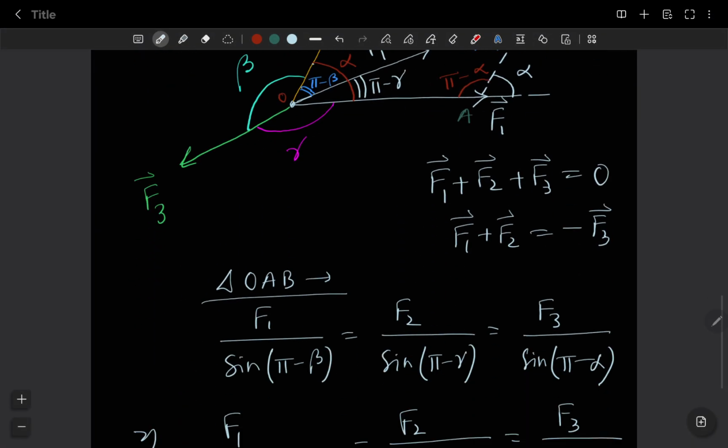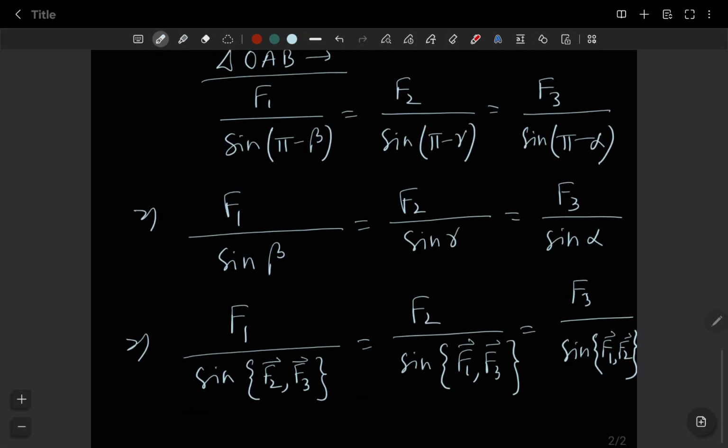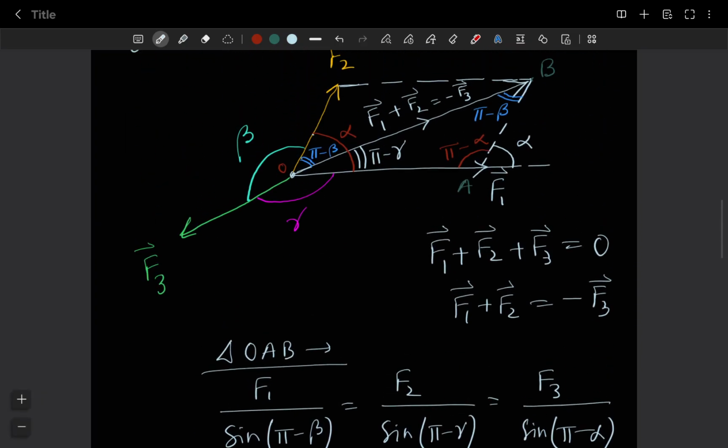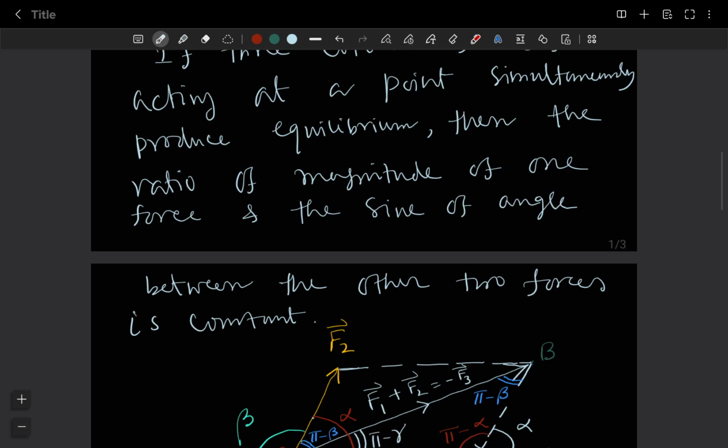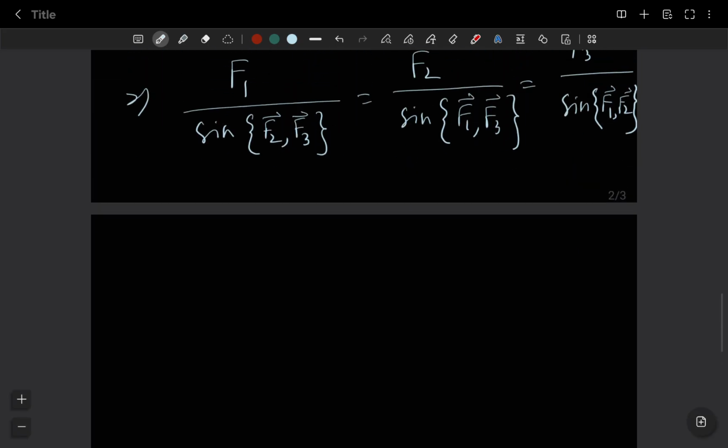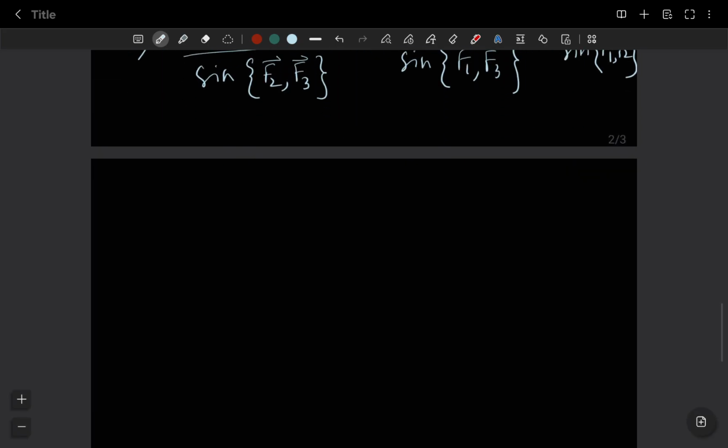Let us discuss one exemplar problem of Lami's theorem. Suppose here is an object on an inclined plane.